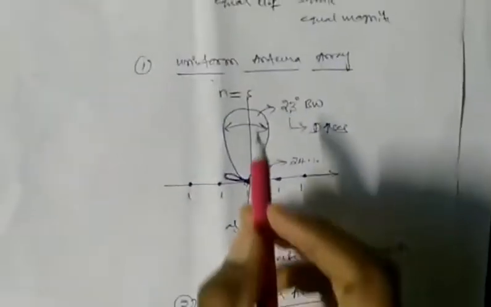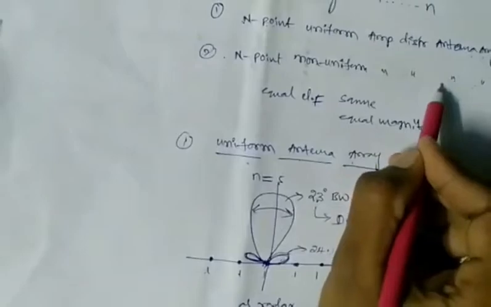This binomial array is nothing but the n-point non-uniform amplitude distribution antenna array.